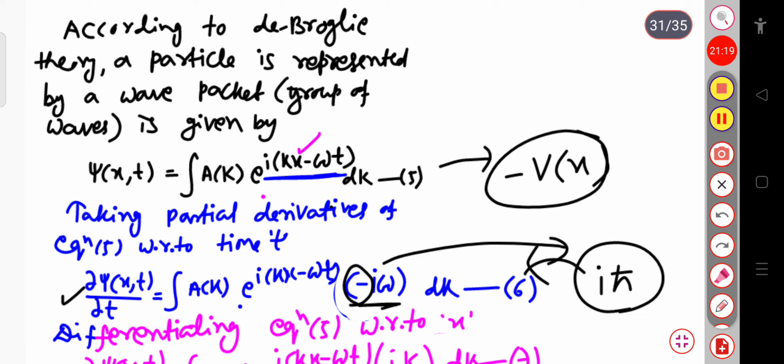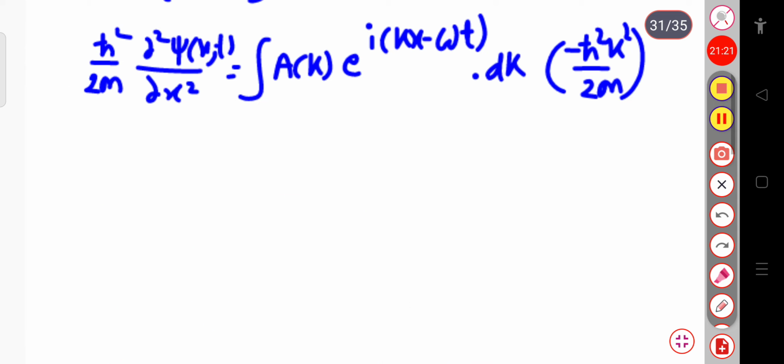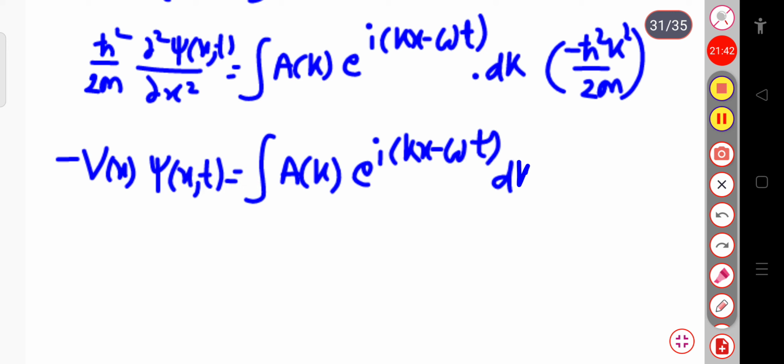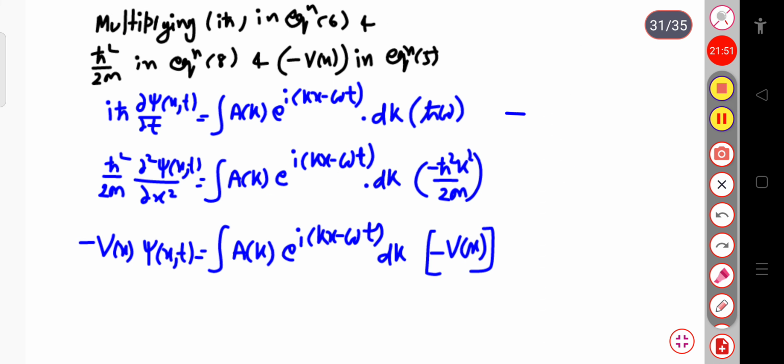So this will be minus V of x into ψ(x,t) equal to the integration over a(k) exp(i(kx − ωt)) dk into minus the potential V of x. So these are the three equations: suppose equation 9a, 9b, and this is 9c. These are the three equations.